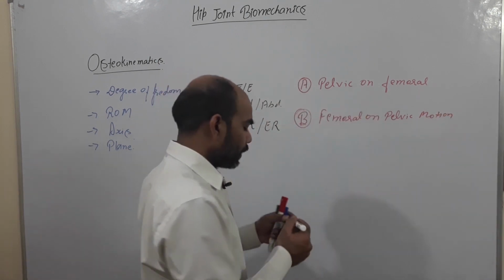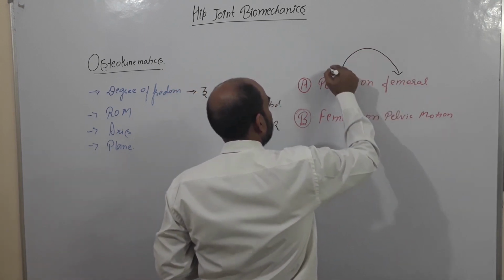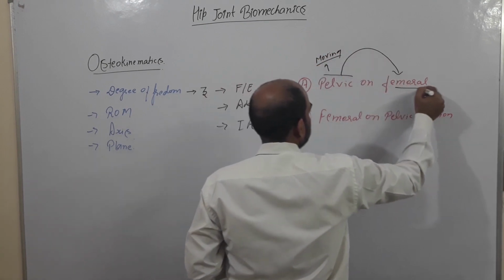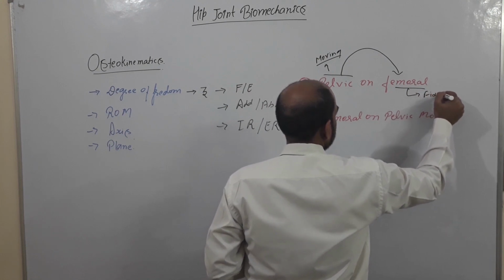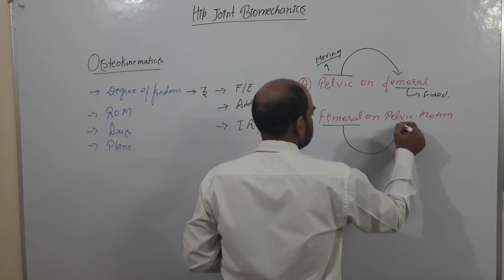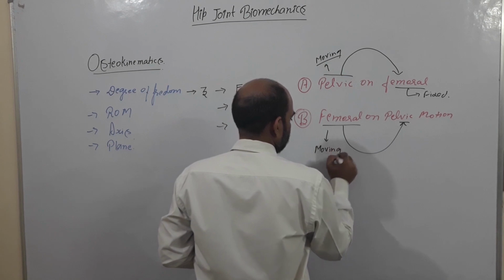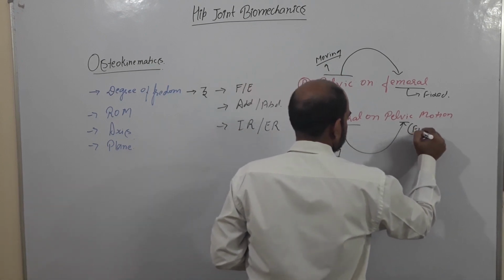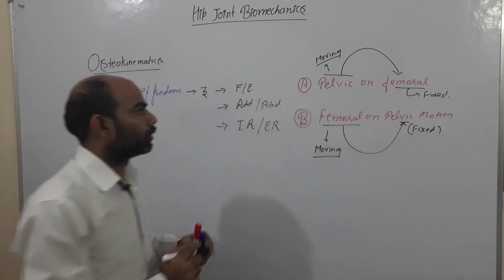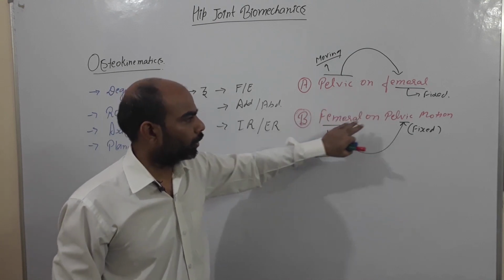Pelvic on femoral means pelvis is moving on fixed femur, pelvis is moving bone and femur is fixed. In femoral on pelvic, femur is moving on fixed pelvis. Now we will discuss both pelvic on femoral motion and femoral on pelvic motion.